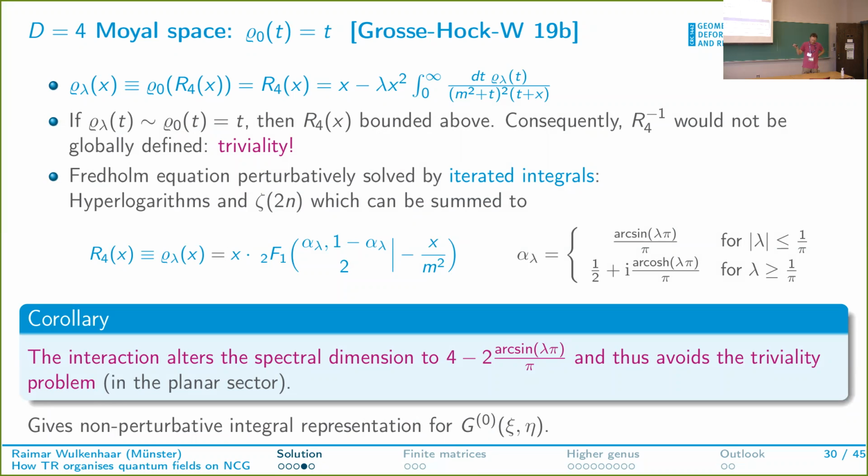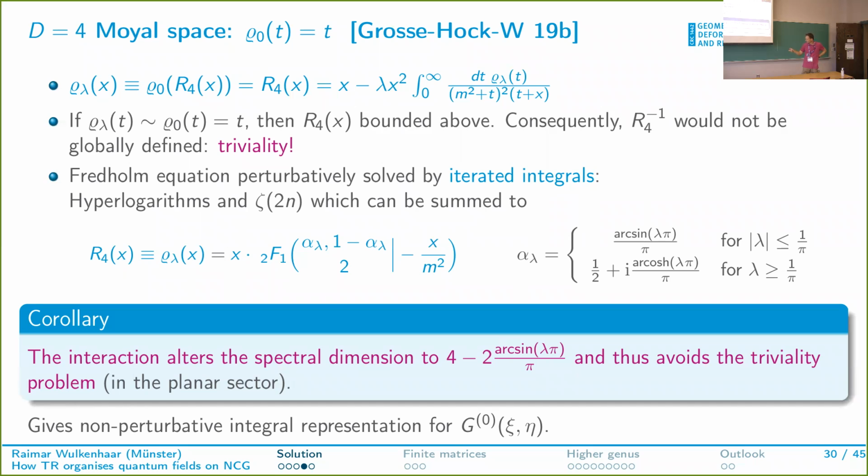The free theory, as we knew, has dimension 4, but in commutative geometry you get this triviality problem that you cannot put in interaction because there's a mismatch. And here, effectively, due to the interaction, the effective dimension goes down, and if we are less than 4, the theory is non-trivial.